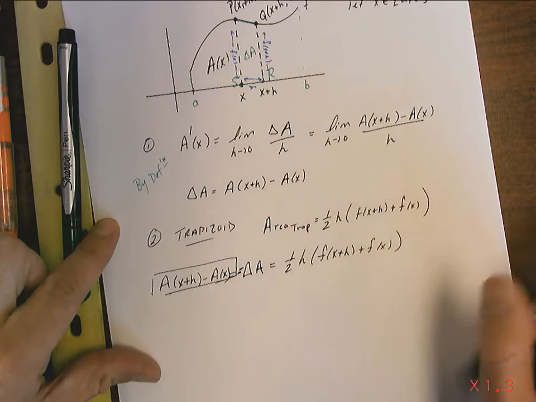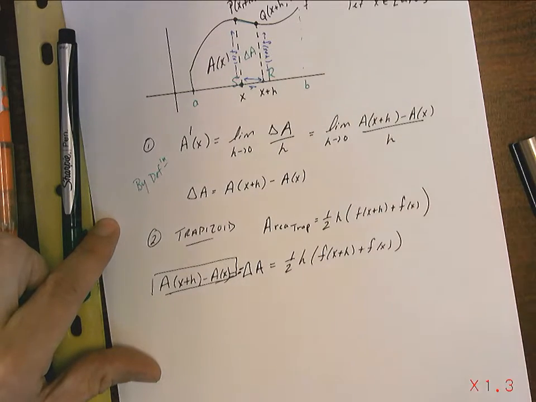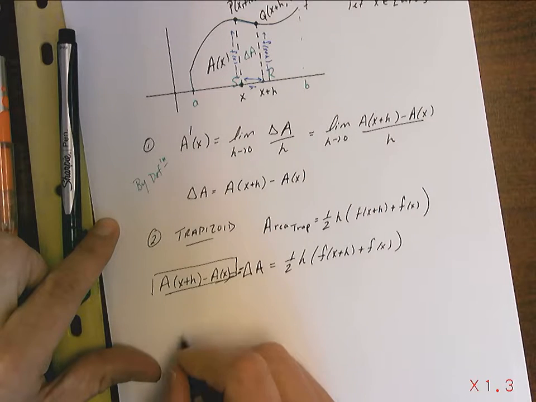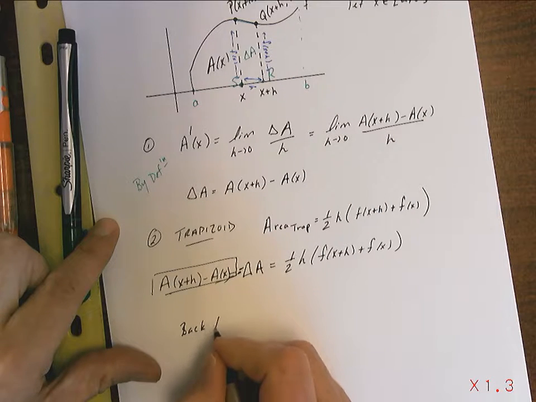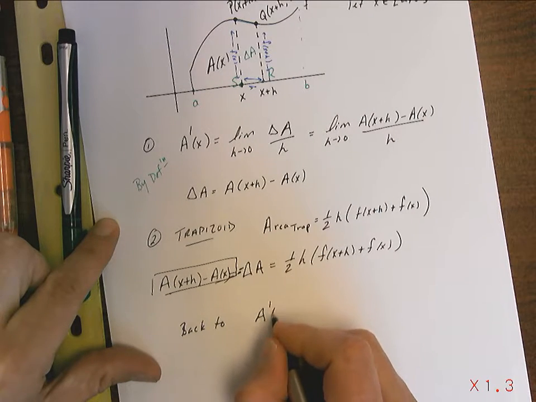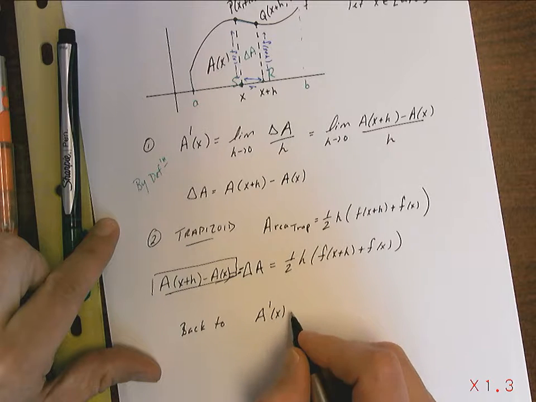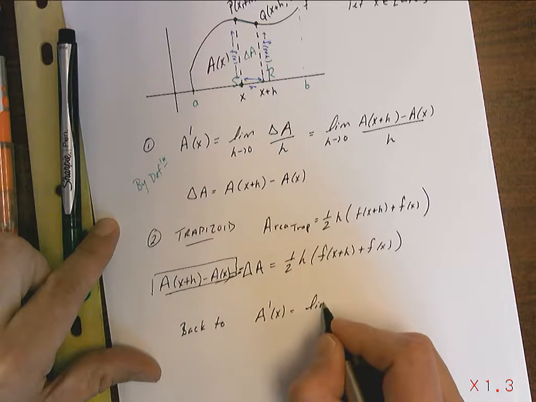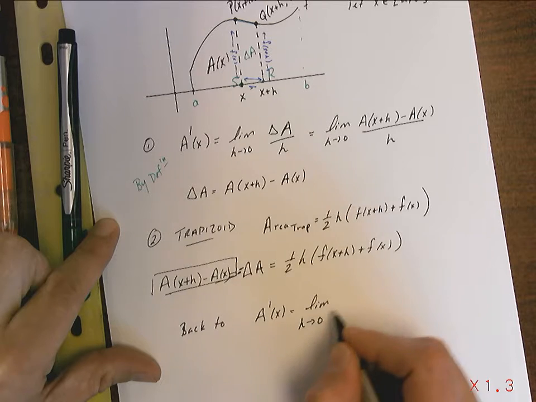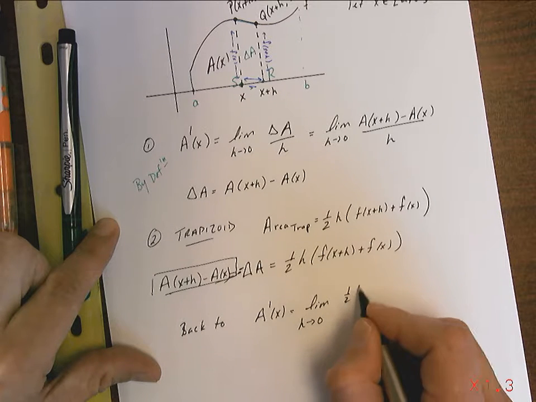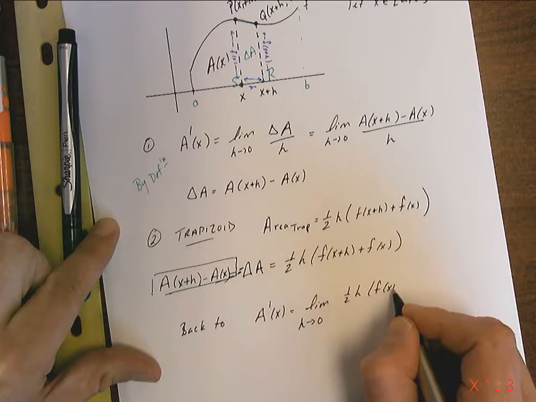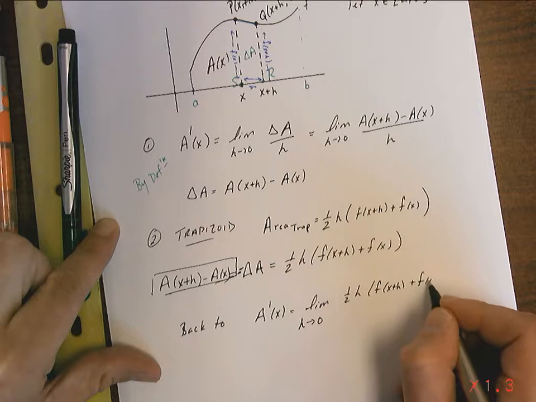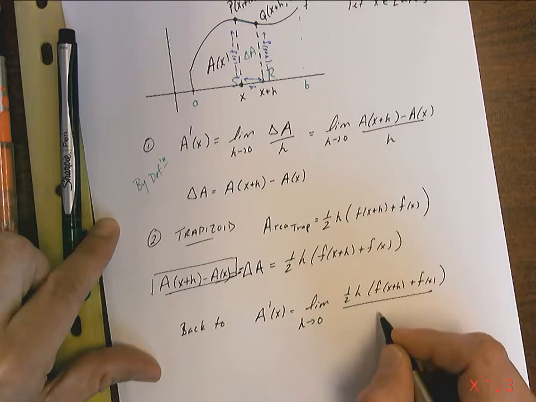So what I'm going to do is take this value, and go back to our idea that the derivative of our area function is the limit as h approaches 0, only this time I'm going to write in 1/2 h times f of x plus h plus f of x over top of h.